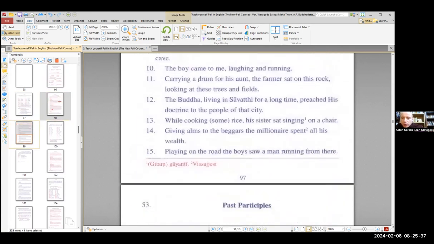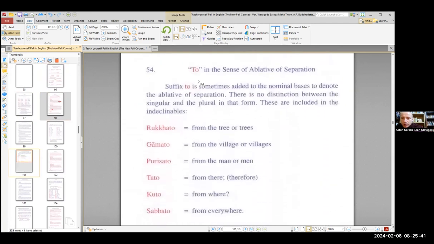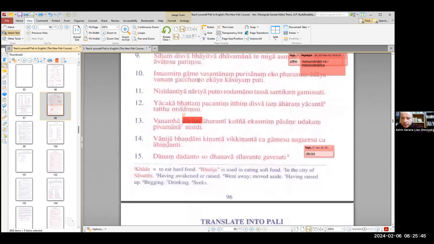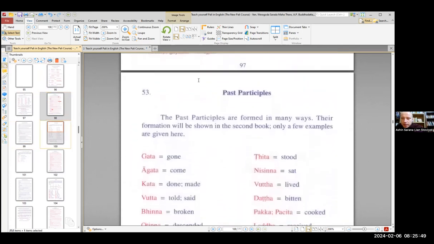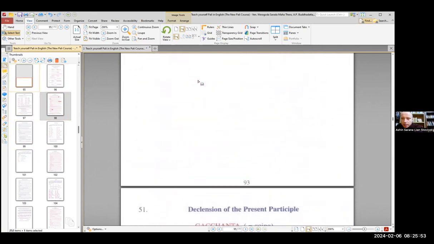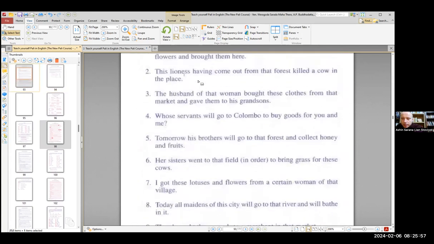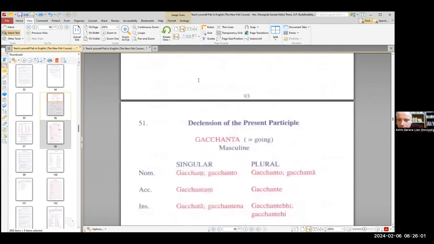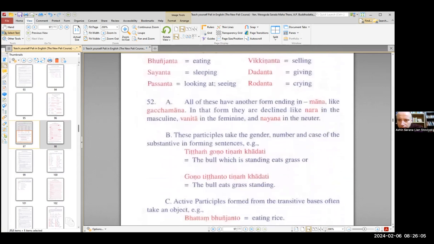So there is the rule, which is somewhere, where is it? Okay, it's here.